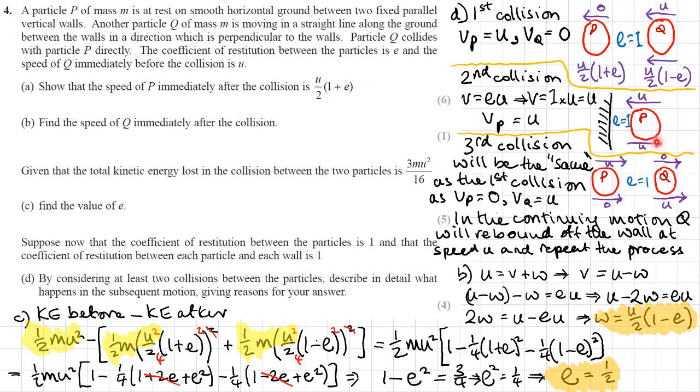Third step, P then moves back towards Q at u, then that collision will bring P to rest and Q moves off with u, and then Q is going to hit the other wall at this end at u and then rebound at u, and then we're back to this step. Yeah, so it's just going to repeat in this endless cycle.